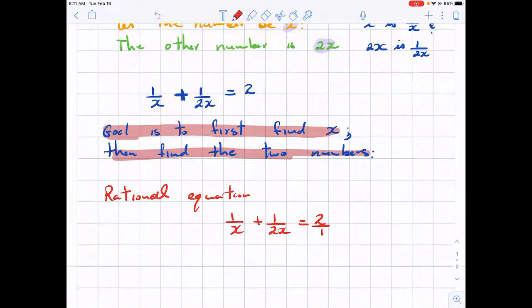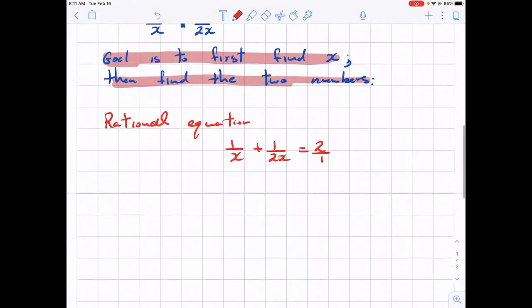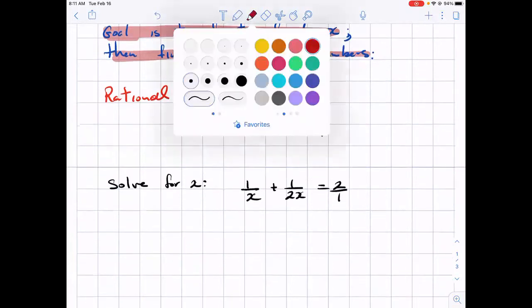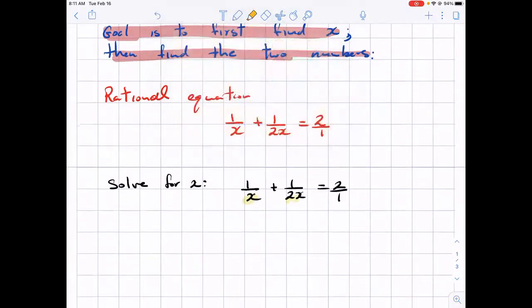So let's solve for x. We have 1 over x plus 1 over 2x is equal to 2 over 1, or 2. The denominators are already in factored form, so we just look for the common denominator.